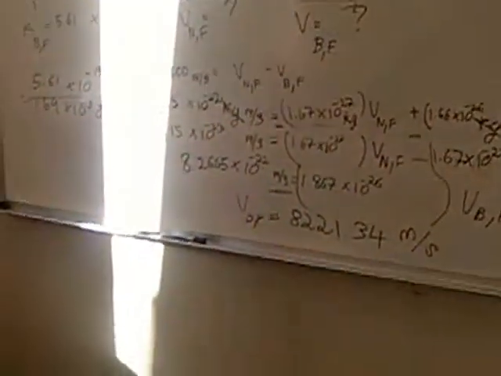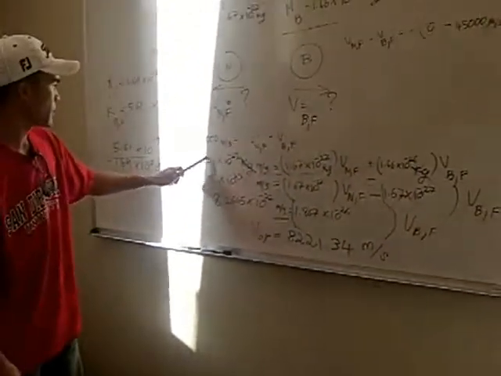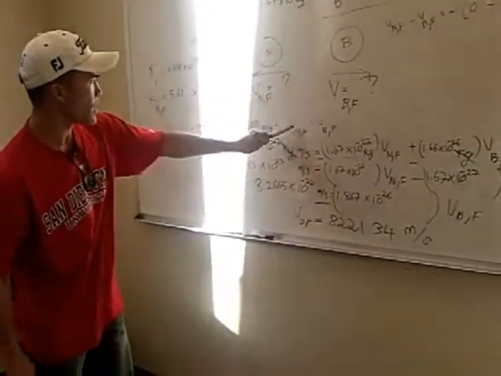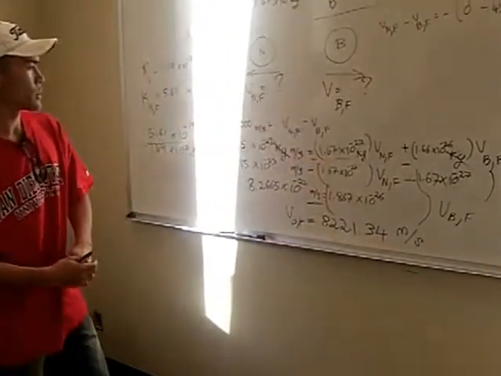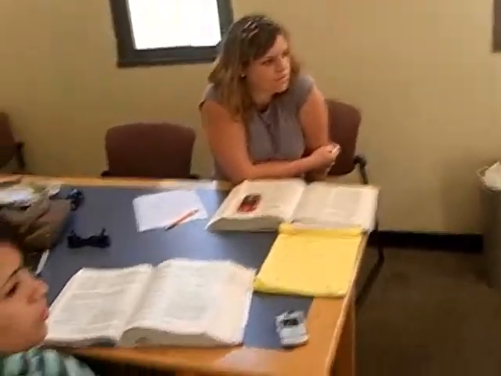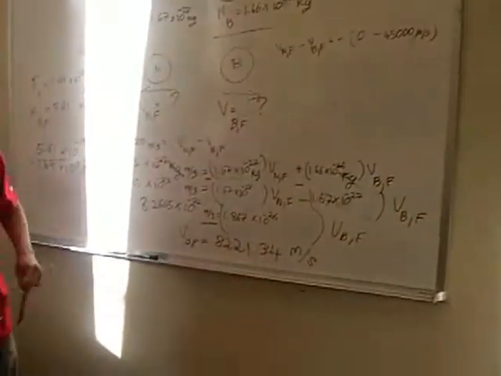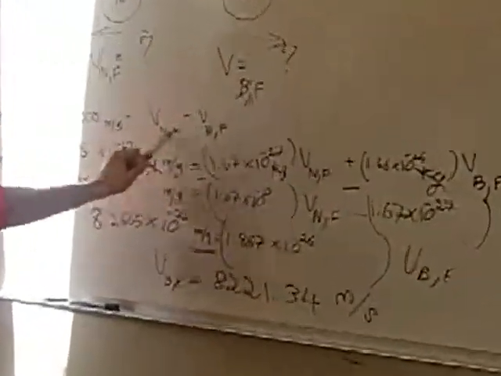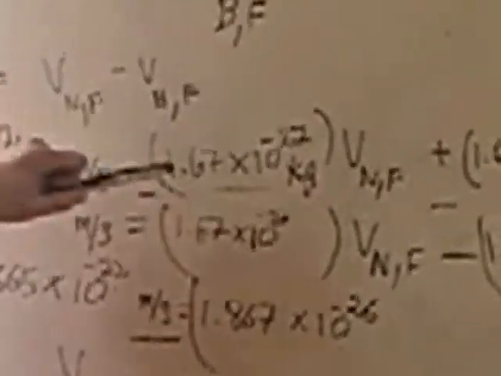And now we have this right here. We want to eliminate one of these variables to solve for the other, because we have two variables. So we set them equal, and multiply this right here times 1.67 times 10 to the negative 27 on all of this equation.